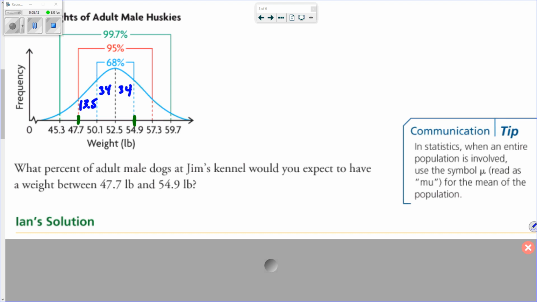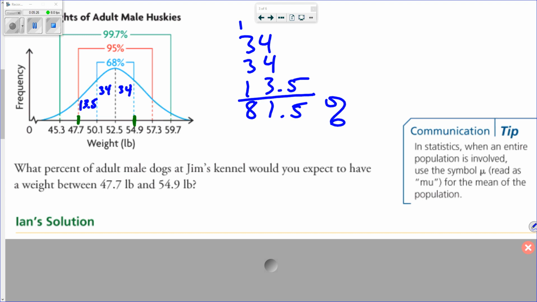So we can add those together. And we should get 81.5% of those dogs are going to have a mass between 47.7 pounds and 54.9 pounds.